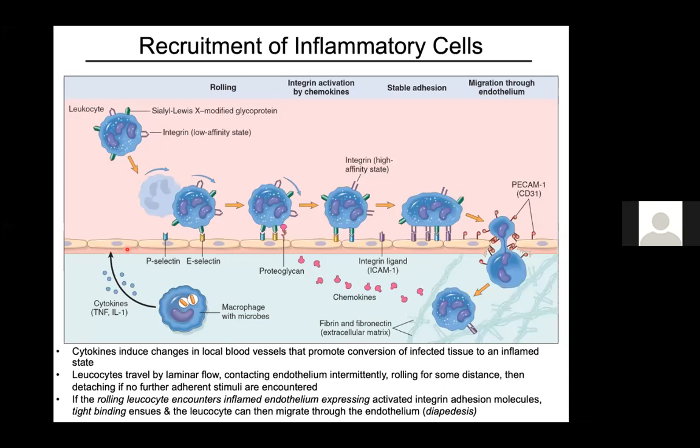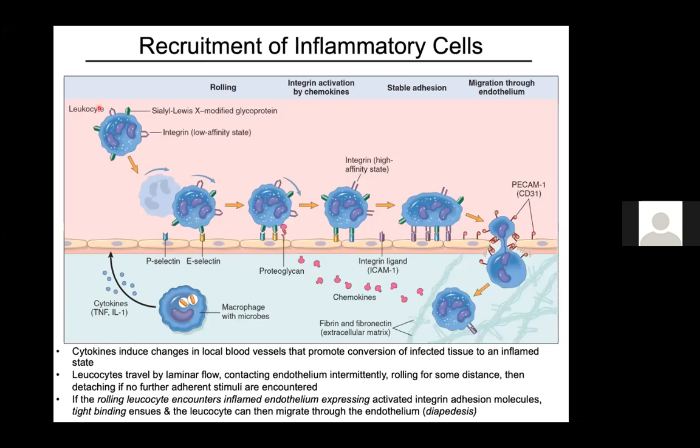But for the cytokine to be effective, it has to bind to its cognate receptor. The endothelial cells lining the vasculature have receptors to which some of these cytokines bind, and they cause activation or upregulation of molecules called selectins, for example P-selectin and E-selectin, okay?